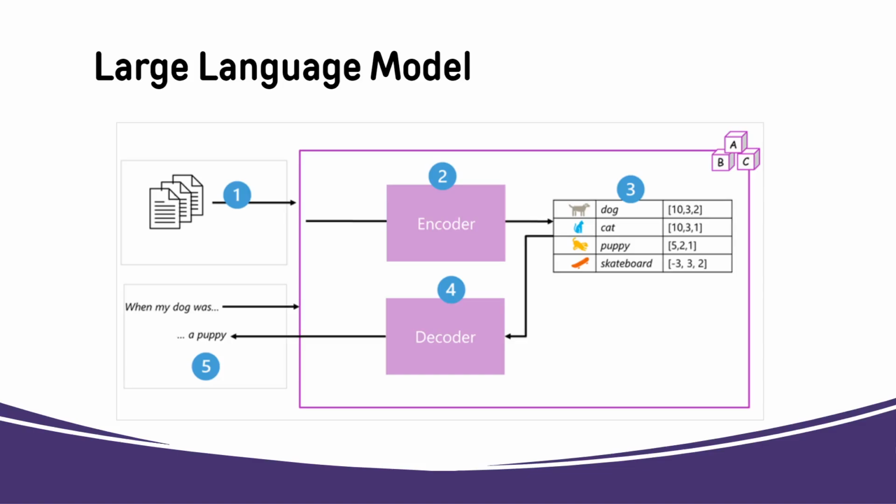Here is a graphical view. Our data passes first through the encoder, then some mechanism happens and it passes to the decoder, and then we see a result. For example, whenever we type into ChatGPT, we just enter a prompt and see the output. We only see the result after decoding.